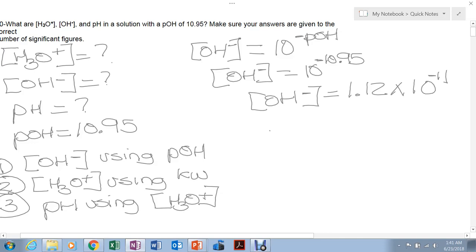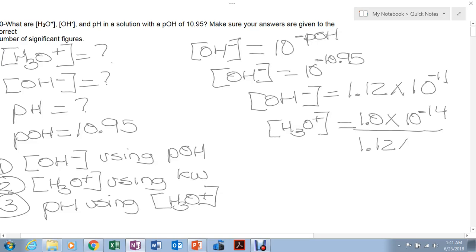The concentration of H3O plus is 1.0 by 10 to the negative 14 divided by 1.12 times 10 to the negative 11. So the concentration of H3O plus equals 8.9 times 10 to the negative 4.